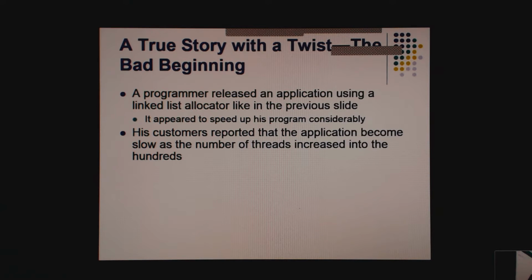Have you ever worked on a product that works well in your small-scale testing, and then you sell it to a big company, and they run it under a really big load that you never anticipated? And the program became extremely slow.